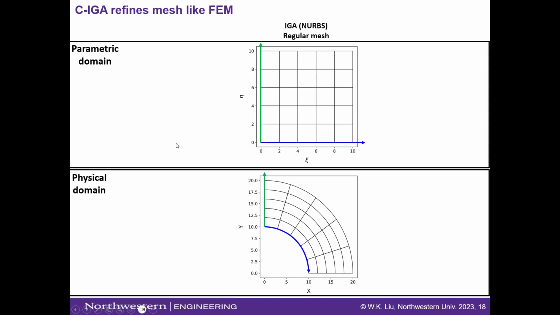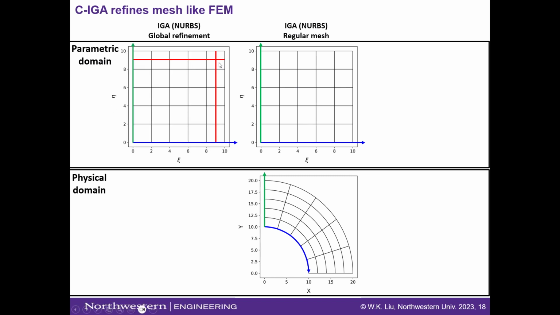So this slide clearly shows the difference between these two. If you have this IGA mapping in the parametric domain and physical domain, and you want to do the mesh refinement in IGA, at this mesh, for example, we have to refine the mesh globally, like this, even though we actually didn't want to refine this mesh around here.